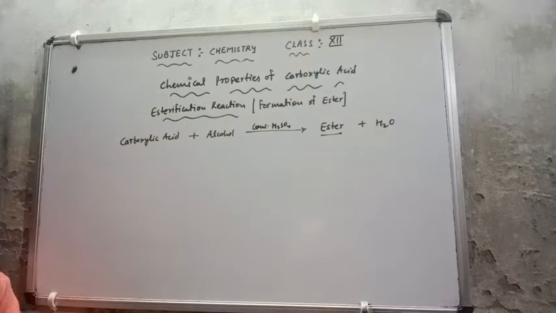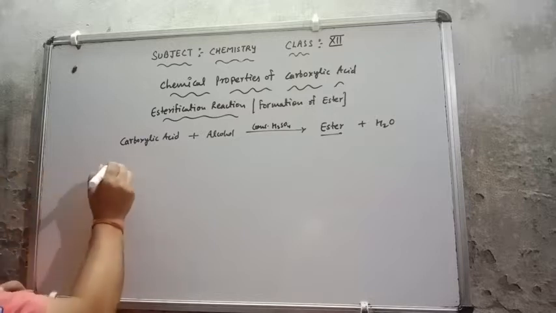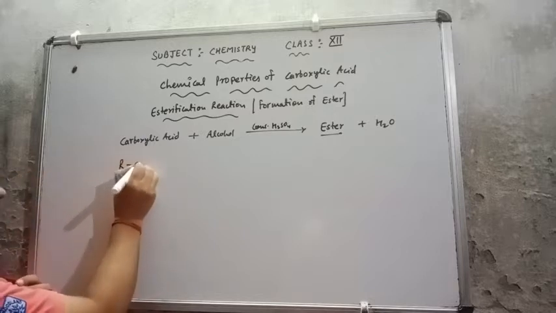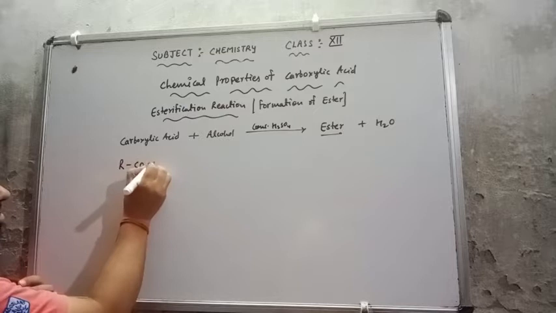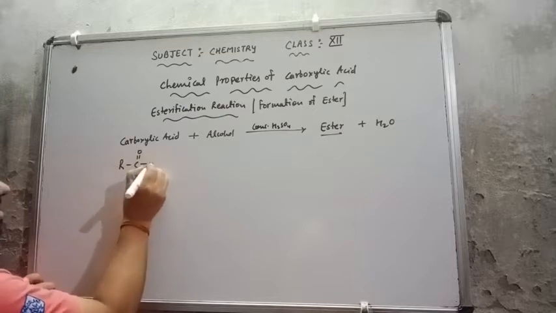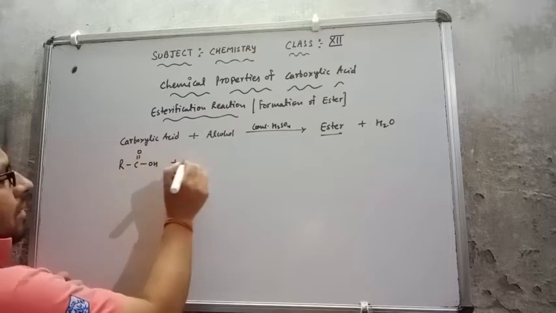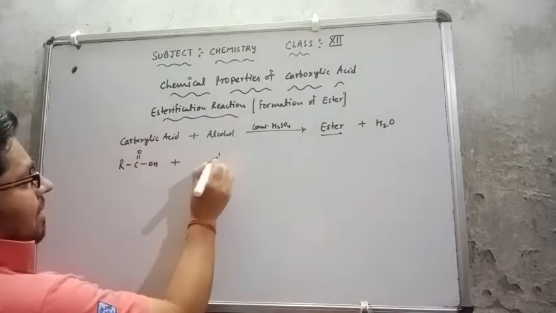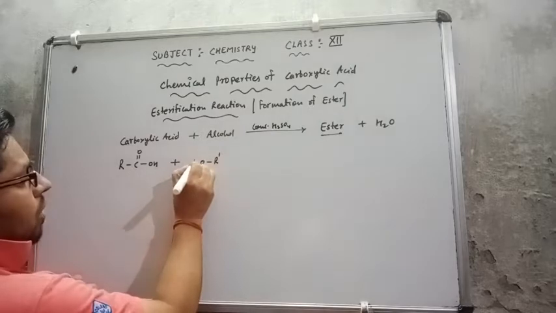Now how is this reaction completed? Suppose I have here RCOOH, I can write in this way, plus alcohol, I can write from the backside R single bond OH.